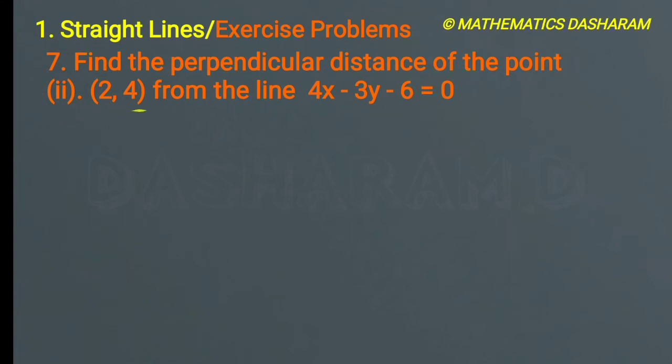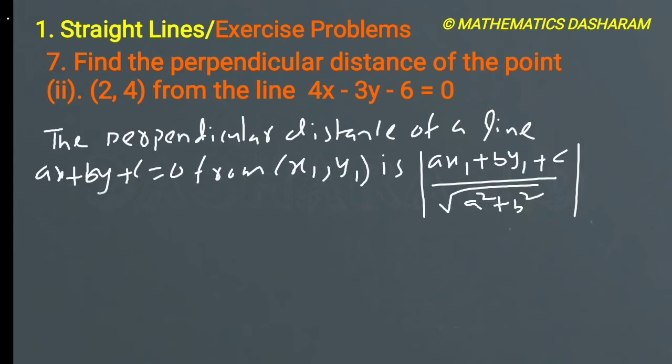Second question, the point is 2 comma 4. Find the perpendicular distance of the point 2 comma 4 from the line 4x minus 3y minus 6 equals 0. The suitable formula is ax1 plus by1 plus c divided by under root a square plus b square. So here a means the x coefficient, that is 4, into x1, that is 2.